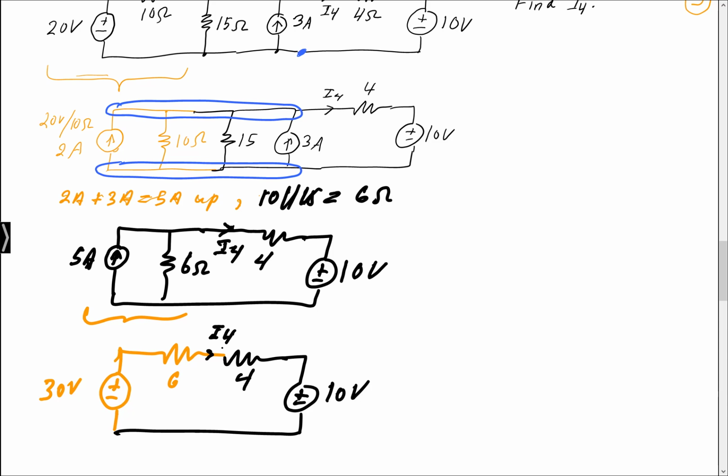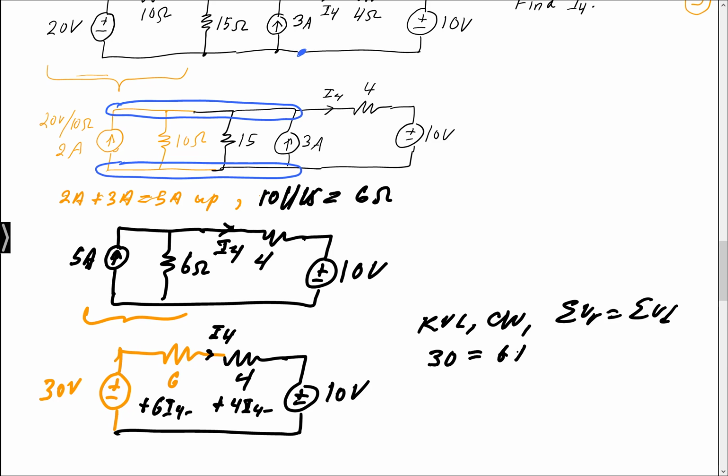It's really a simple circuit, because I know the voltage across the 6 ohm is 6I4, and the voltage across the 4 ohm is 4I4, and I have a KVL again. I've done this many times. KVL, clockwise: the sum of the voltage rises equals the sum of the voltage drops. Do it any way you like. 30 is a rise, 6I4 is a drop, 4I4 is a drop, plus the 10 volt is a drop.